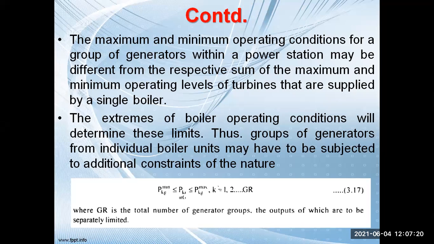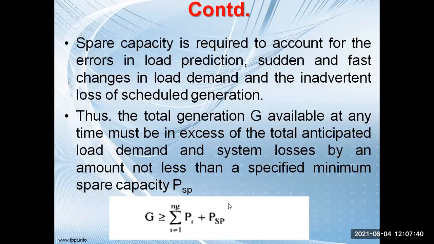So again, a number of generators are connected with a single boiler, so there also there is a certain limit. So each generator can generate between some minimum generation and the maximum generation, where here is the number of generator groups. So how many generators are connected in a group? That is basically the summation of that.